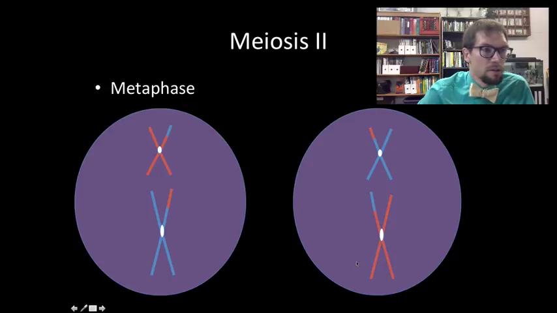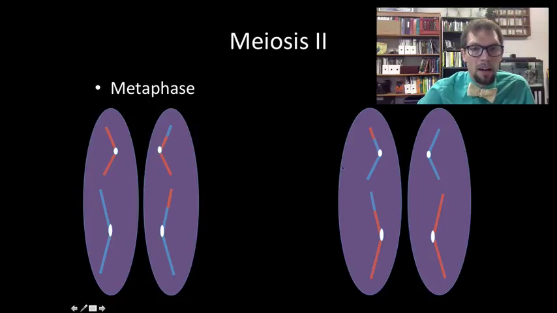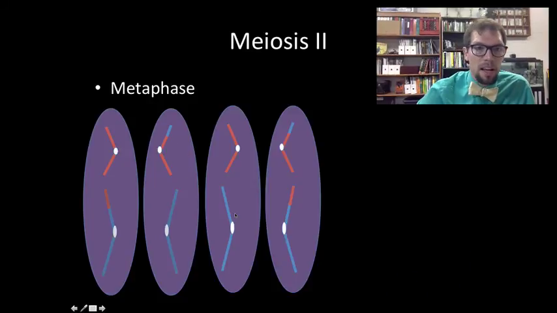And remember, you have two cells here since you went through one round of cell division that produced two different cells. And so this is what it looks like after meiosis 2, where you're going to have these separated onto each side. Now I want to point out that because crossing over has occurred, it won't be equivalent with this.